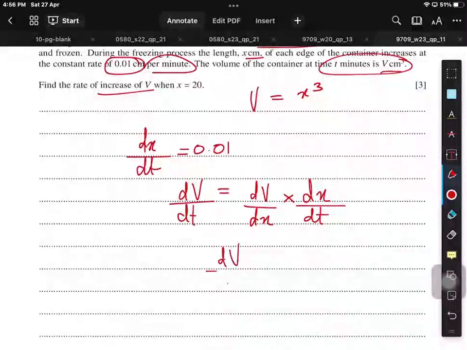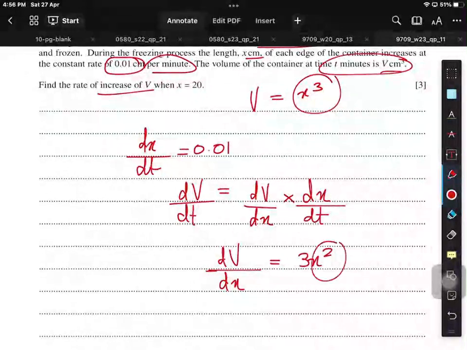So dV over dx would be found after differentiating. If we differentiate x cubed, that would be 3x squared, right? We decrease one from the power for differentiating.